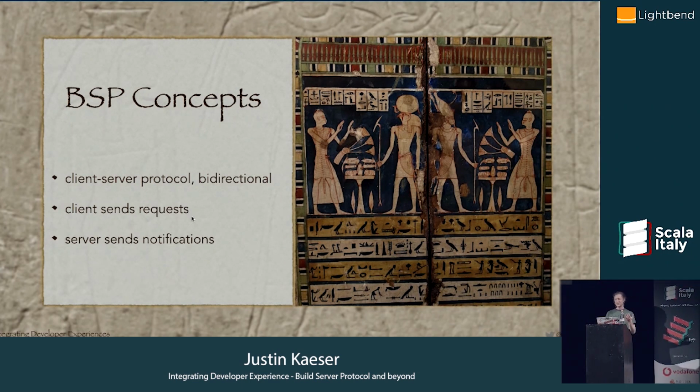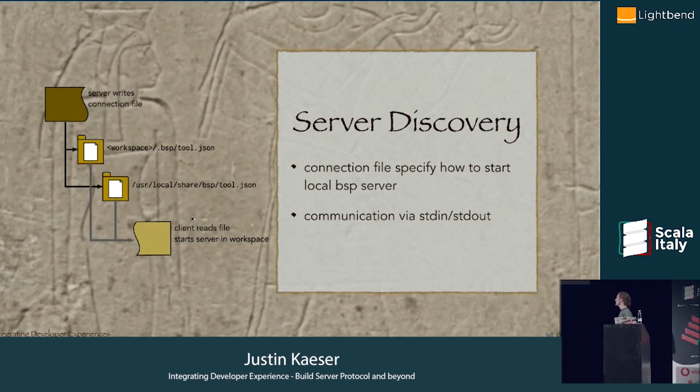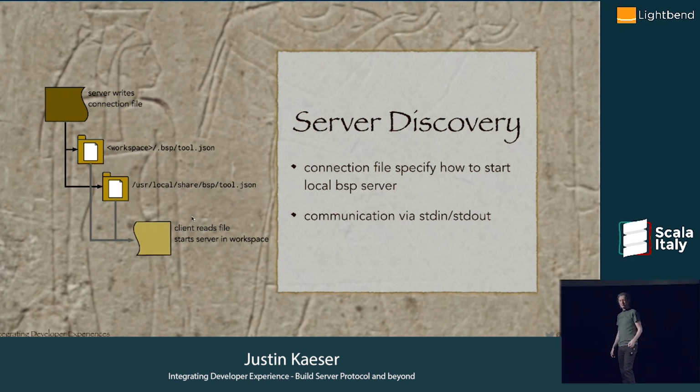So we have a way for client and server to talk to each other, but we'd like them to be able to find each other. For that, we added the concept of server discovery. It's really a simple protocol.